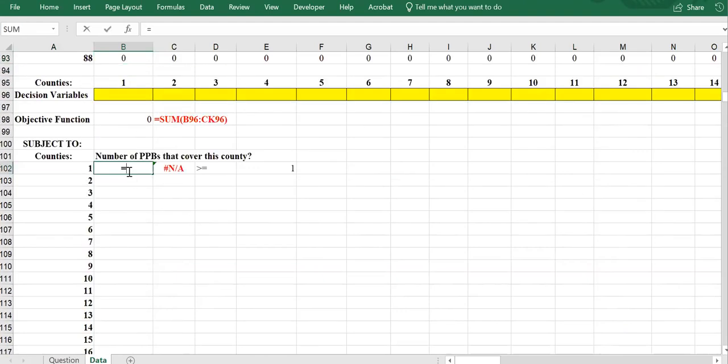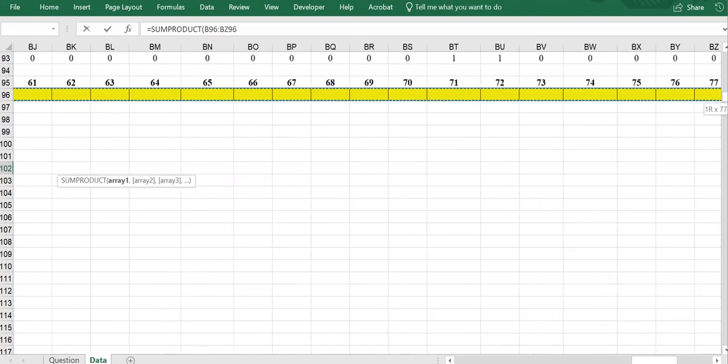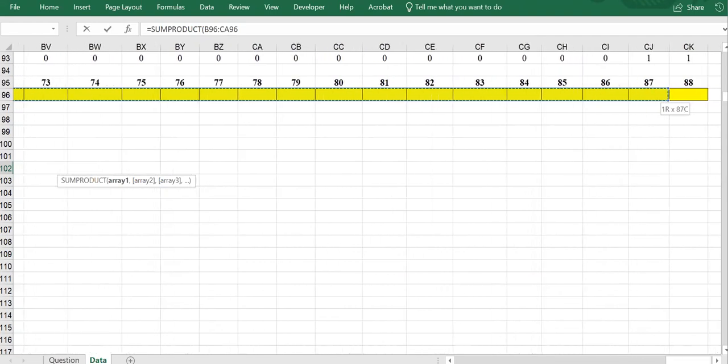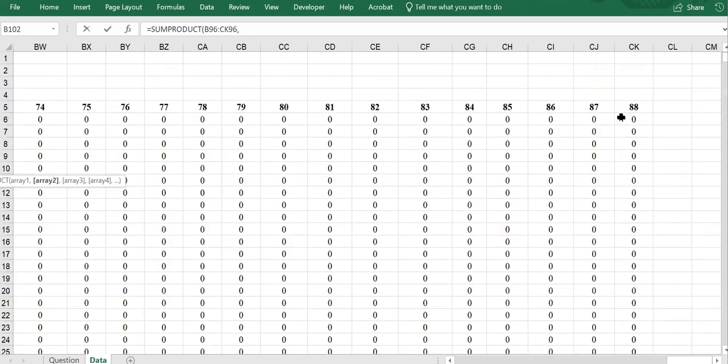So I'm going to go ahead and write it down. Sumproduct of my list of decision variables, 88 of them, comma, row one.